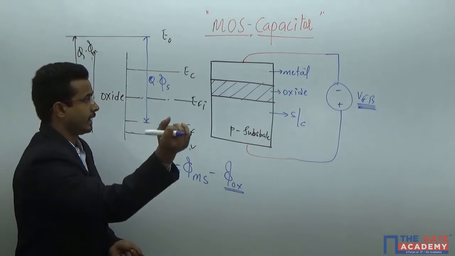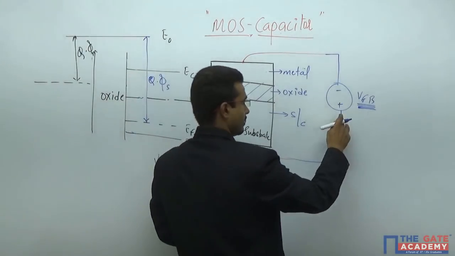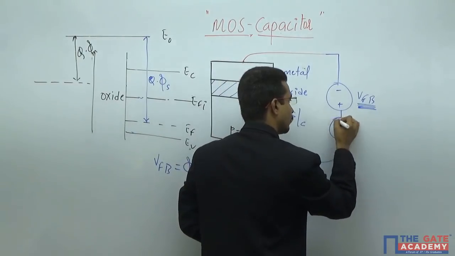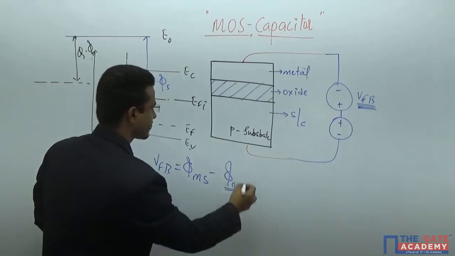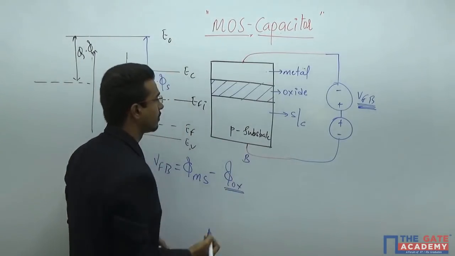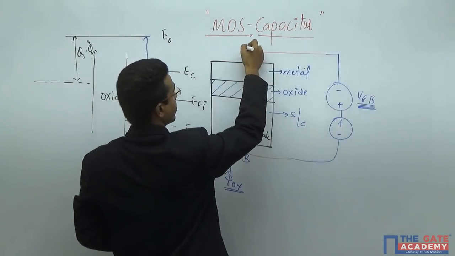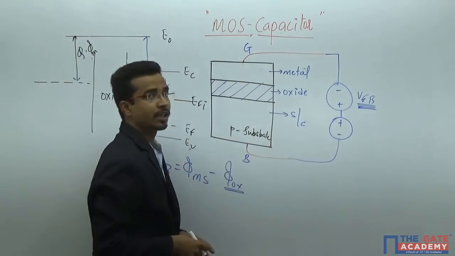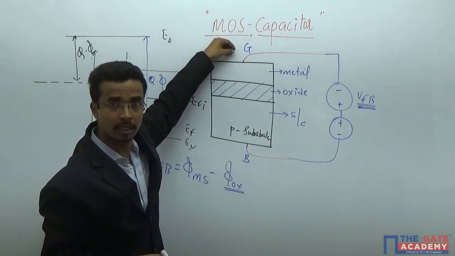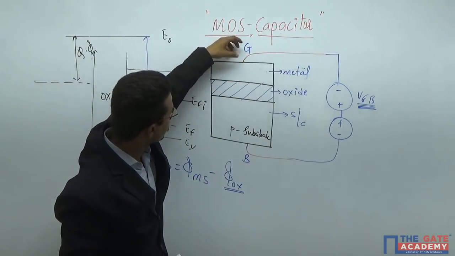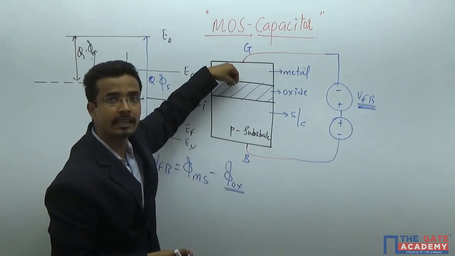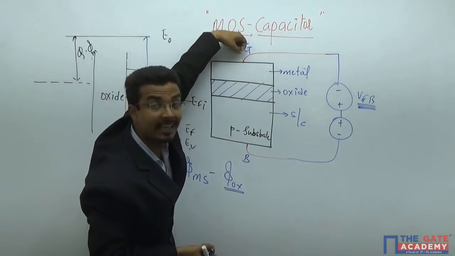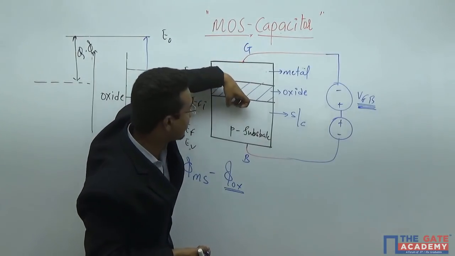Now, I am applying an external voltage, and this is my body terminal and this is my gate terminal, because you can control the conduction. Whenever you go into detail, you will see that by this terminal you can control the number of charge carriers here.